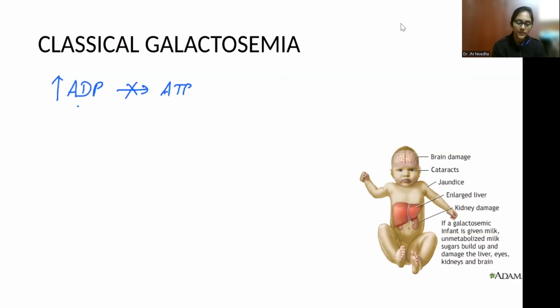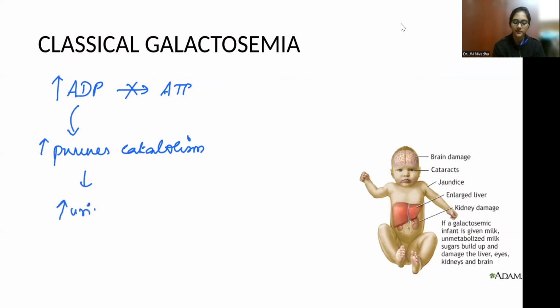So these purines have to be metabolized, is it not? Increased purine catabolism can lead on to increased uric acid. So that is hyperuricemia. There is hyperuricemia even in the galactose metabolism.